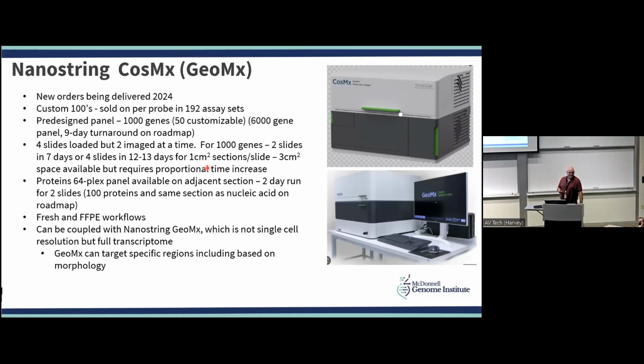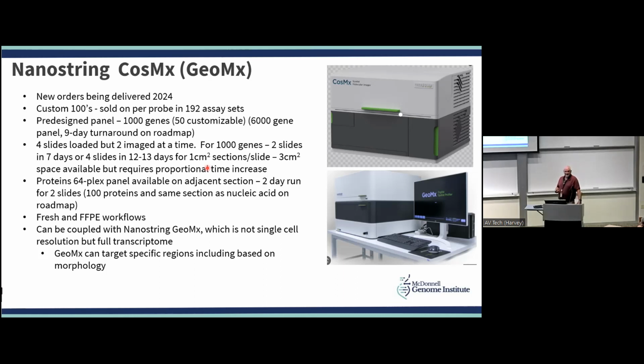So you had to have a pretty well-defined assay for that to make sense. They have a pre-designed panel of 1,000 genes with 50 customizable in that space. On their roadmap is 6,000, and they have data demonstrating 6,000. That's about a 9-day turnaround, and I'll talk a bit more in sort of a table form on the decisions and the timelines.